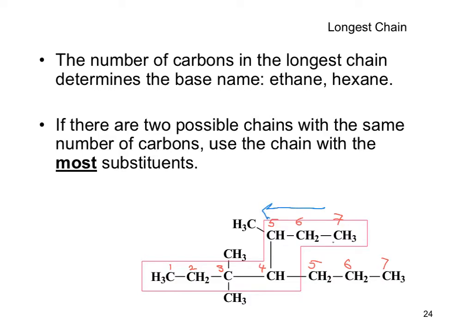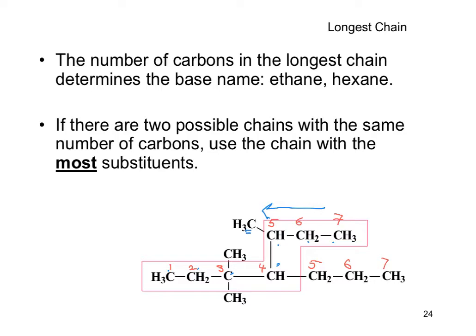So you could have said 1, 2, 3, 4, 5, 6, 7, but that would give higher numbers to the methyl and the rest of the substituents. So not probably the best idea. And so the next rule is that when you are numbering, you want to incorporate as many substituents on your chain that you have chosen as possible.